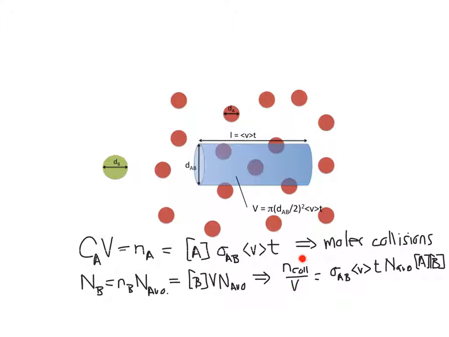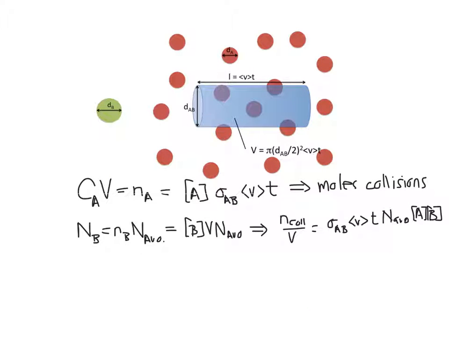So the number of moles of collisions per unit volume is equal to the cross-sectional area times the average relative velocity of A and B, times time, times Avogadro's number, times the concentration of A, times the concentration of B. This is often called the collision density because it's a number per unit volume, and something per unit volume is typically considered a density. So this is called the collision density.